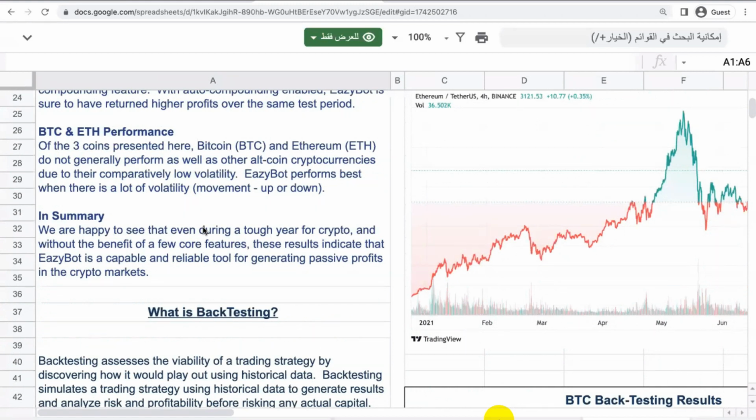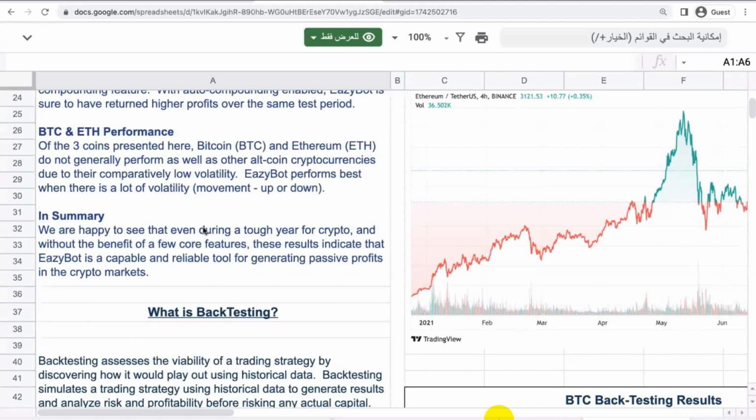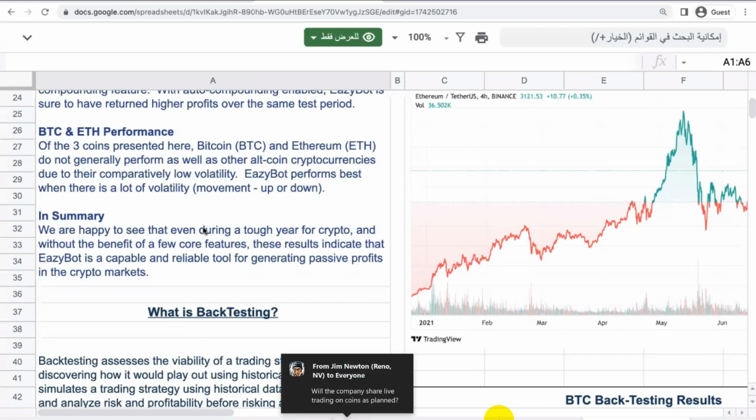So Eazybot looks for that movement between 1% and 5% every single day that most coins will have, whereas Bitcoin and Ethereum tend to be a lot more stable. Bitcoin, when it does move, can move in major ways, but on a day-to-day basis, isn't particularly volatile. So we know that we tested 2 of the least volatile coins that are in the portfolio, and we'll present those results to you as well.